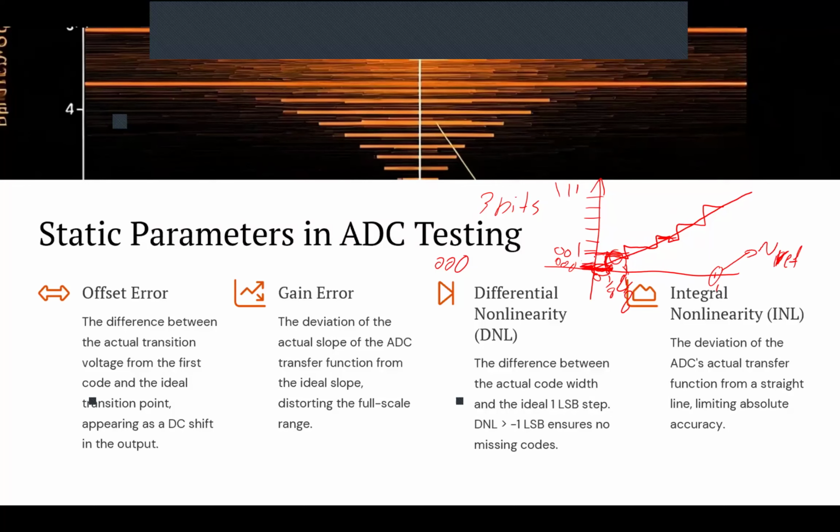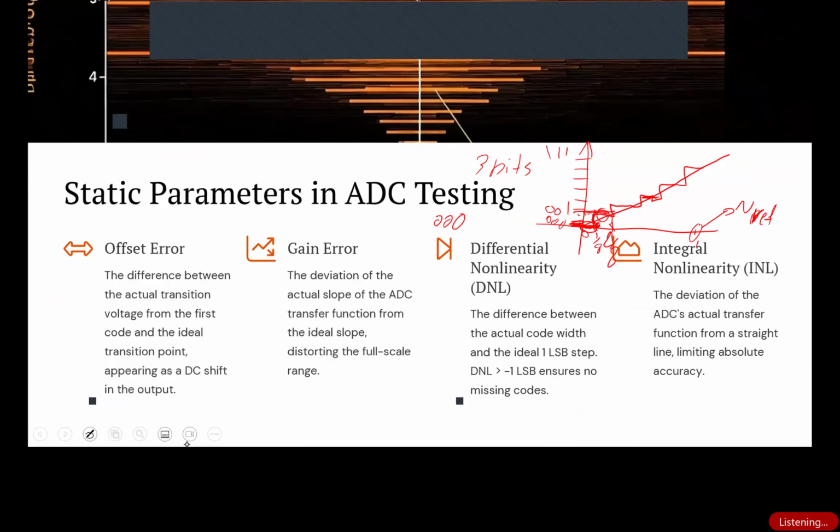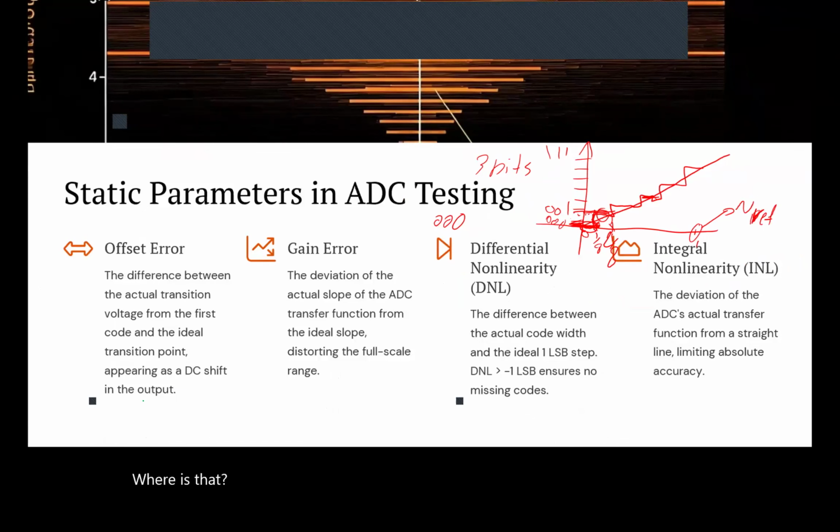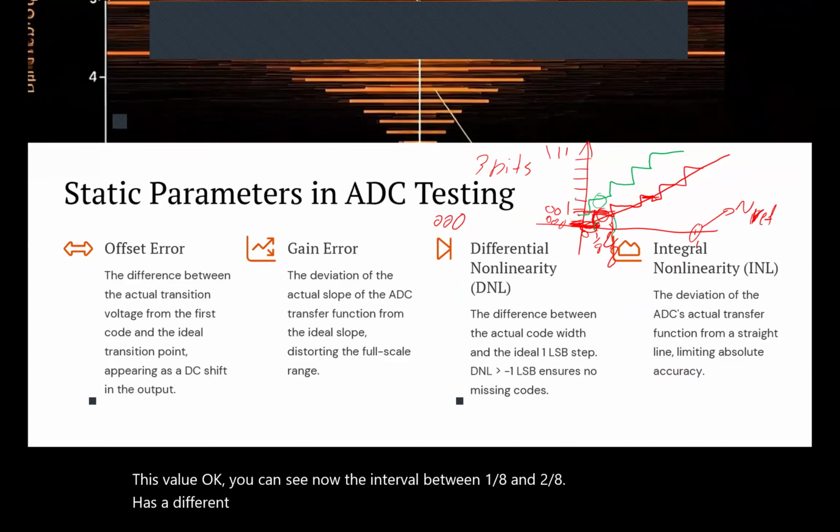So you can imagine if we shift this value up, you can see now the interval between 1/8 and 2/8 has a different translation in the code.